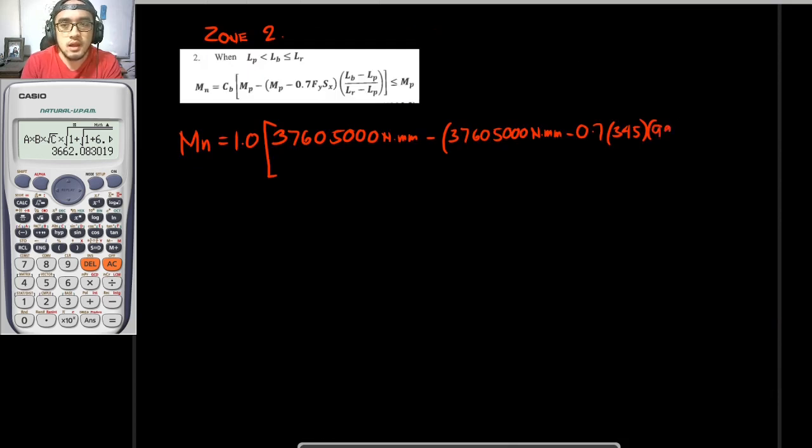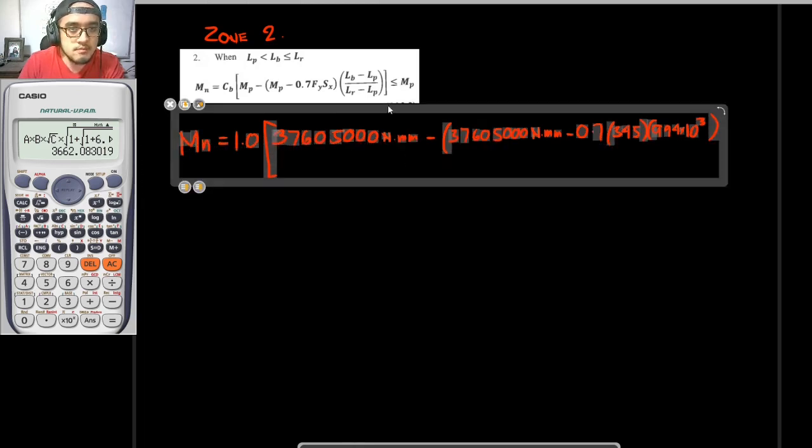And from that, we would be multiplying this. Since I don't have any space, I would be moving them to the left.